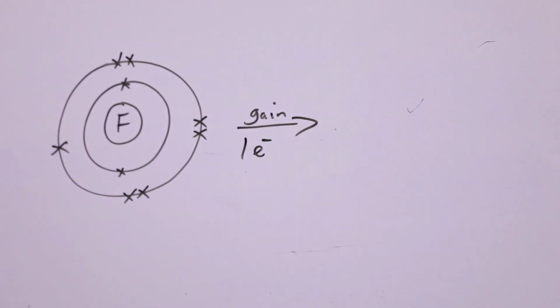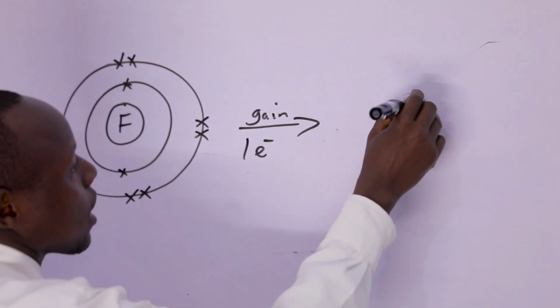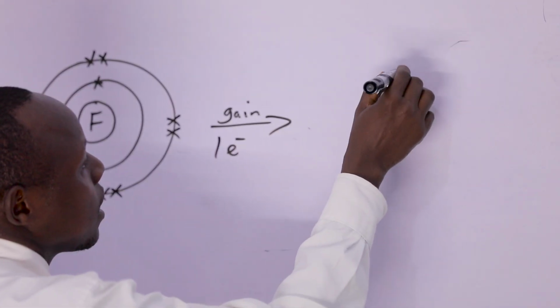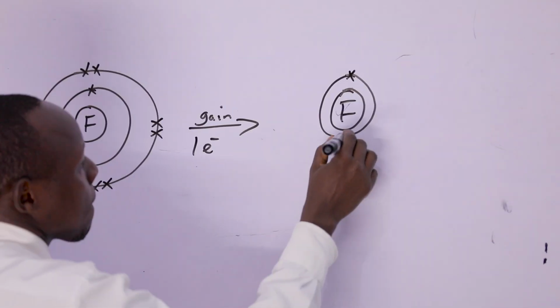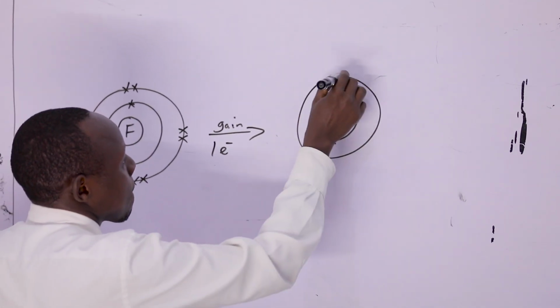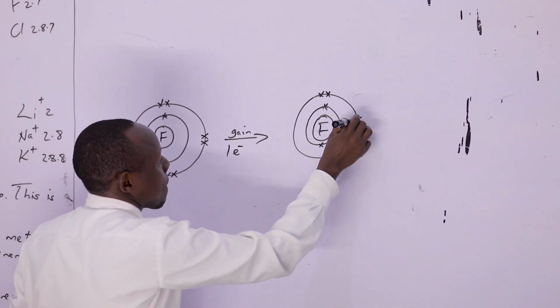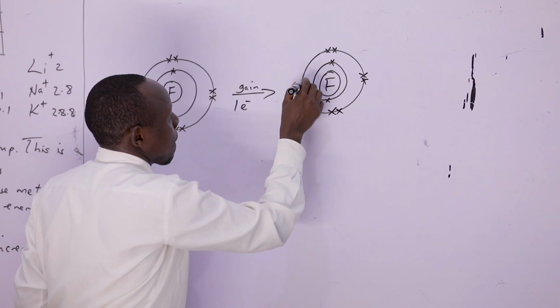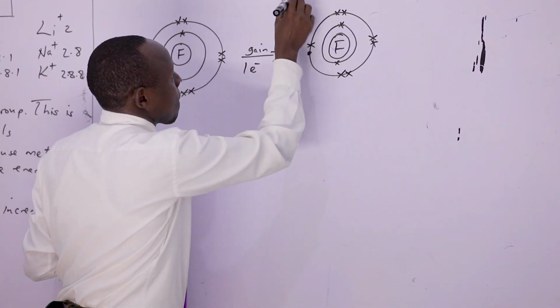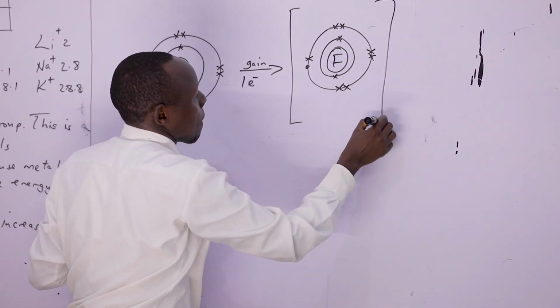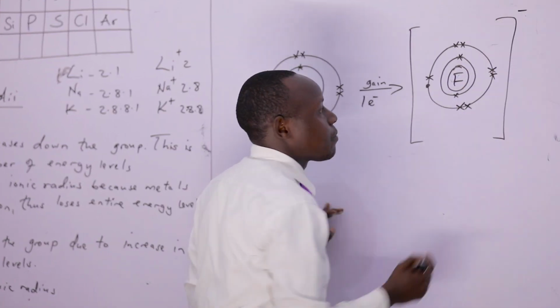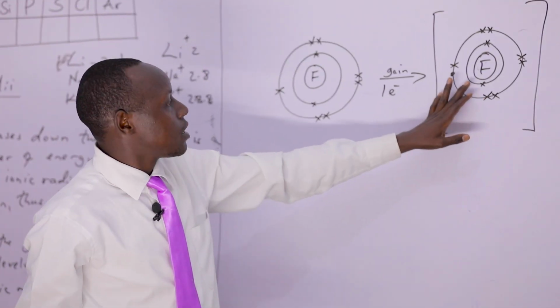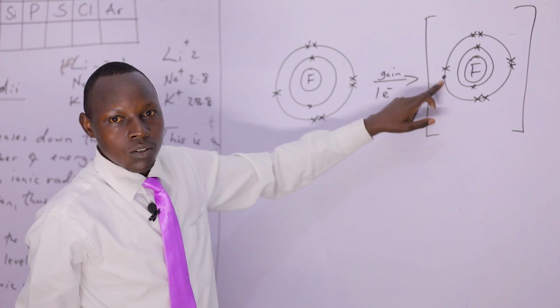So fluorine gains 1 electron to be stable, and so we will have a fluoride ion. This is a stable fluoride ion.